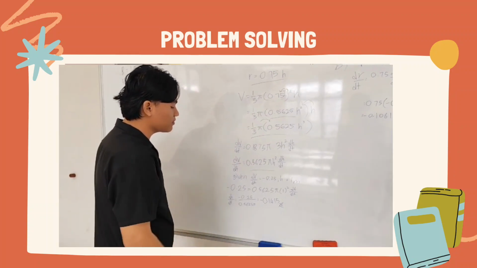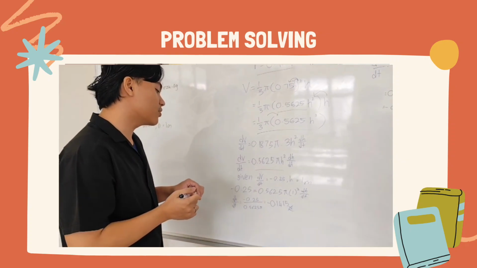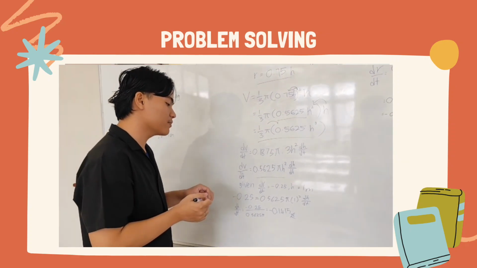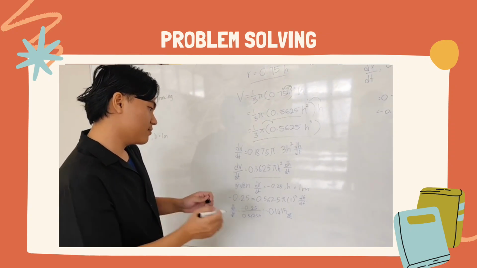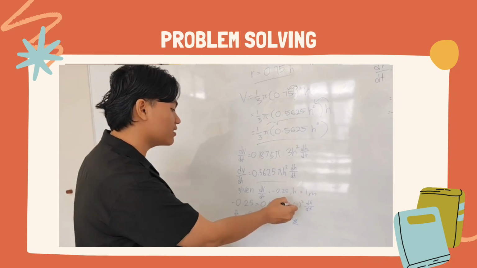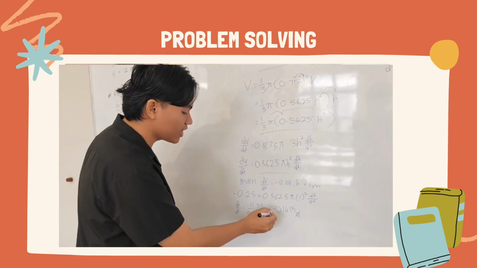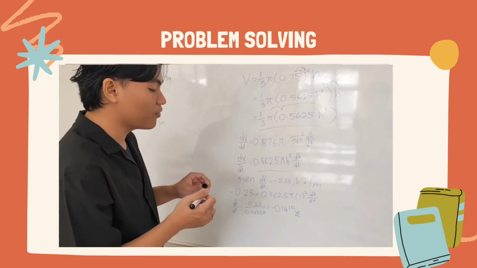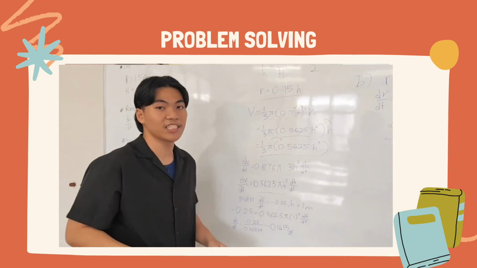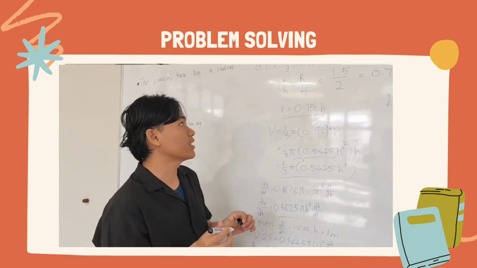So negative 0.25 equals 0.5625 pi, and then substitute 1 into h, and we get dh over dt equals negative 0.1415. So this is the answer for question A.